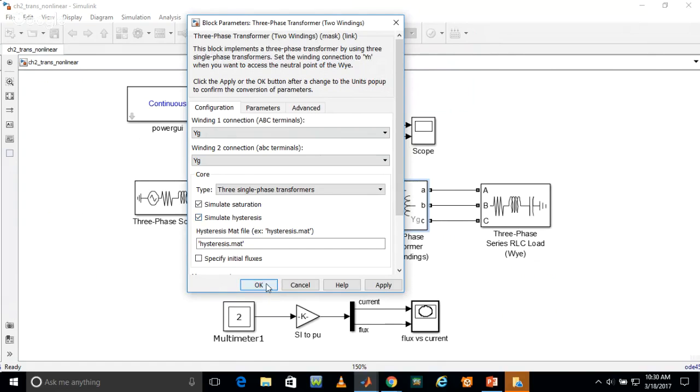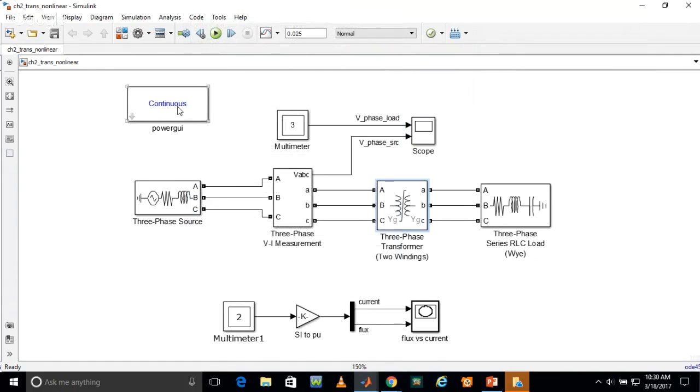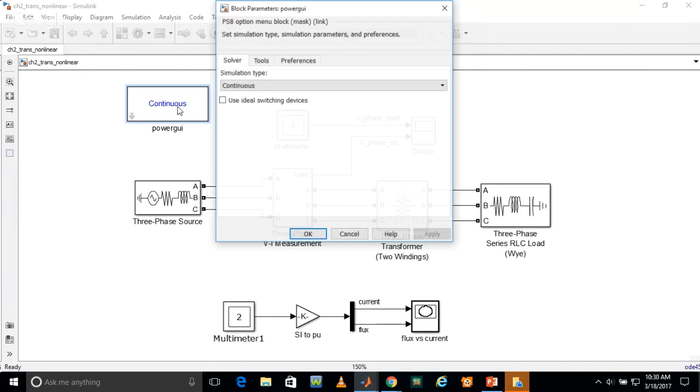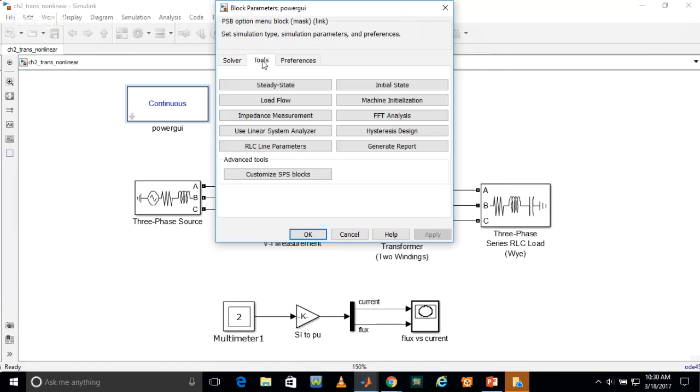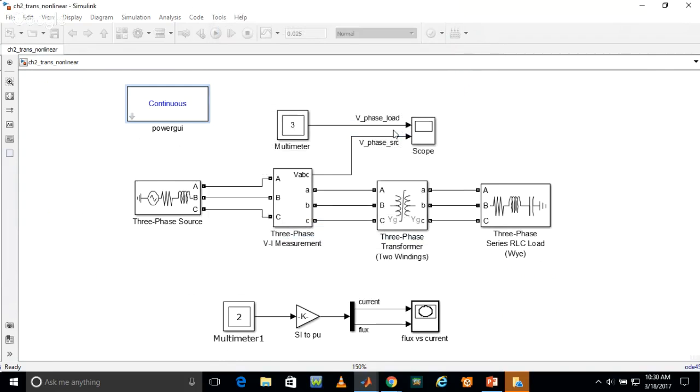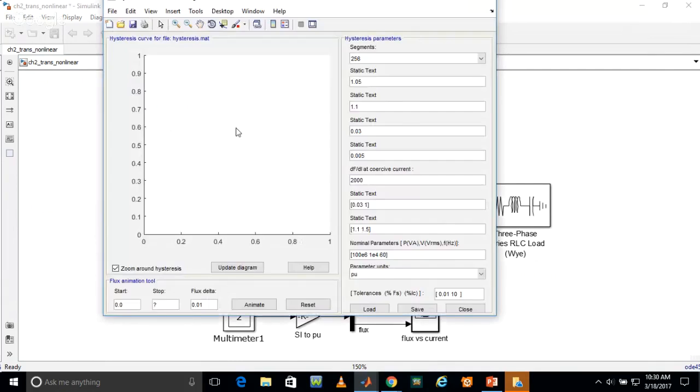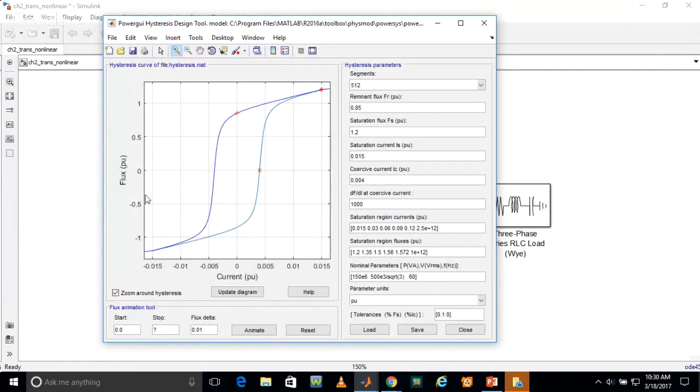If you go to the power GUI, in the power GUI go to tools. In the tools we have hysteresis design. You can click the hysteresis design, and it will provide you a hysteresis loop as per your requirement or the design of your transformer.